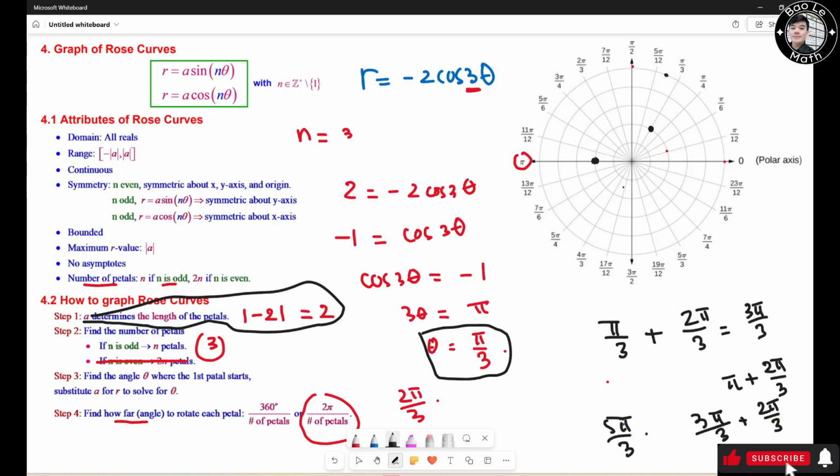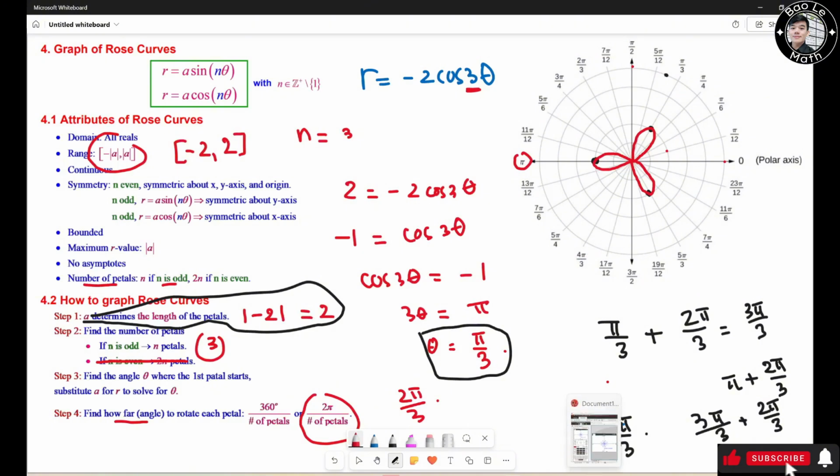So the third one should be right here. Alright, now you just draw the rose with 3 petals. And this is the answer to this problem. Now, of course, the range should be negative 2 to 2. The minimum is negative 2, the maximum is 2.